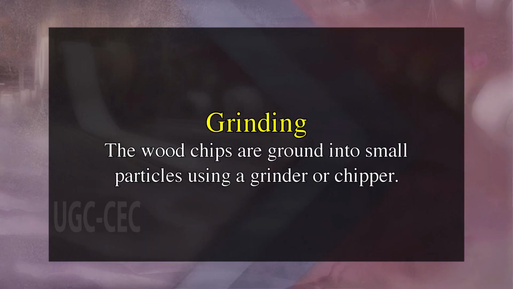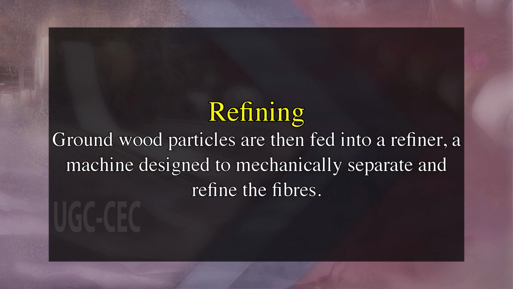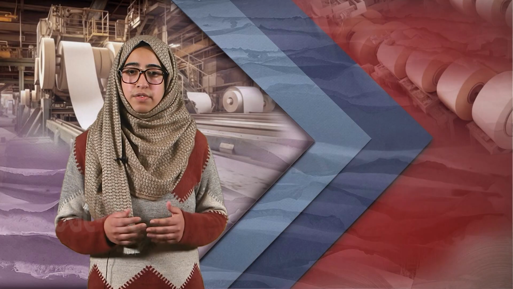Grinding. The wood chips are ground into small particles using a grinder or a chipper. Refining. The ground wood particles are then fed into a refiner, a machine designed to mechanically separate and refine the fibers. Refiners use pressure and sometimes steam to break down the wood particles further, converting them into pulp.